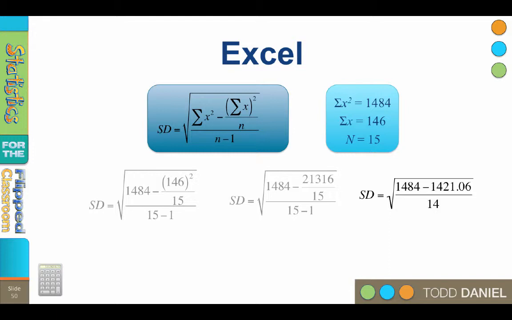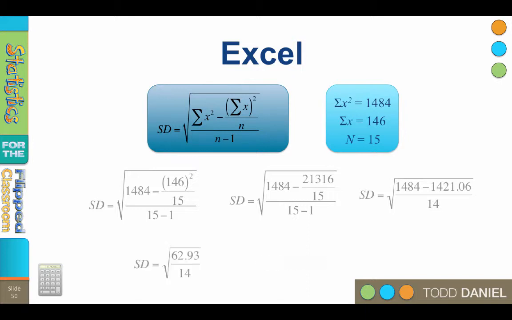We might as well clean up the denominator. 15 minus 1 is 14. In the numerator, 1484 minus 1421.06 is 62.93 with rounding. Now we are ready to divide the ratio. Remember, we can't do this division until we clean up both the numerator and the denominator.